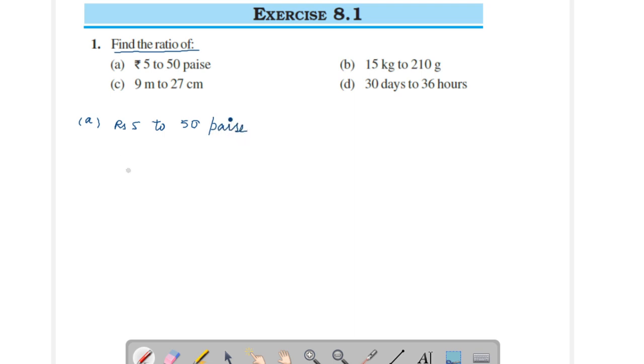Here units of both the terms are not the same. Here convert rupees into paise. We know that 1 rupee equal to 100 paise.